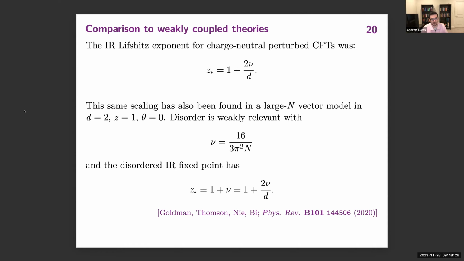They're weakly coupled, but they do have disorder that's sort of weakly Harris relevant with an exponent nu that's proportional to 1 over N. And these authors calculated that there's a disordered IR fixed point, and it turns out it has a Lifshitz exponent, which is exactly equal to the one that the holographic models would have. So it's possible that at least for perturbed CFTs, this 1 plus 2 nu over d is a very general result. But I don't think we have a proof of that. It's just, so far, what seems to be happening.